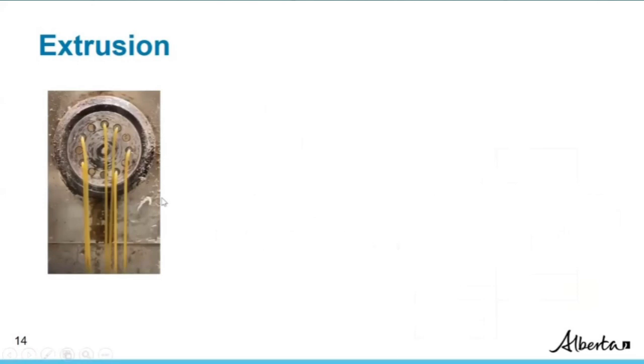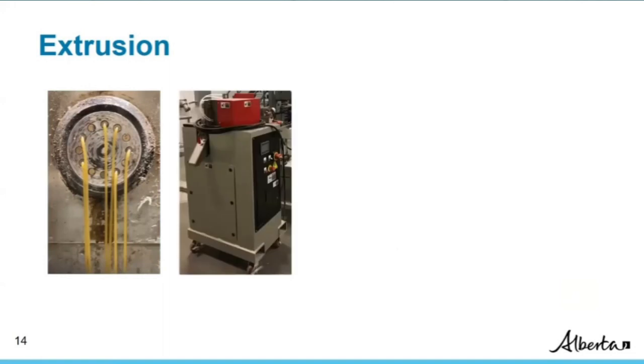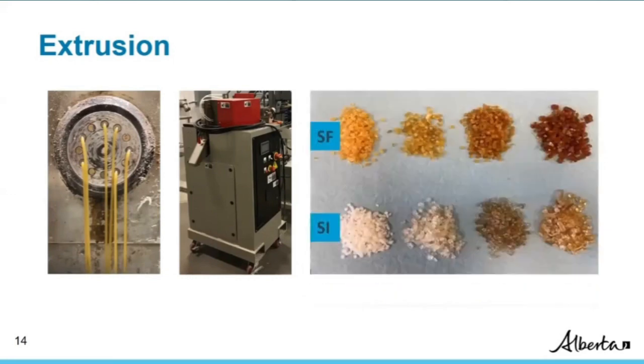So now you can see the strand, a plastic strand, made using the starch-rich flour. The strand stays at room temperature overnight to dry out a little bit, then is cut into pellets using the pelletizer.